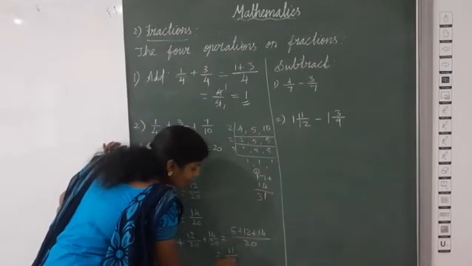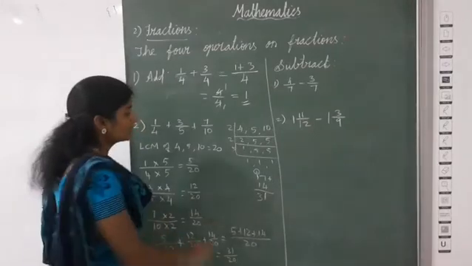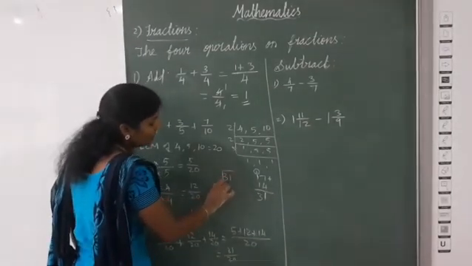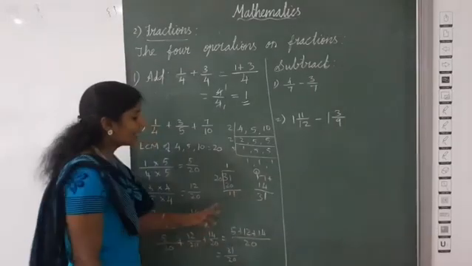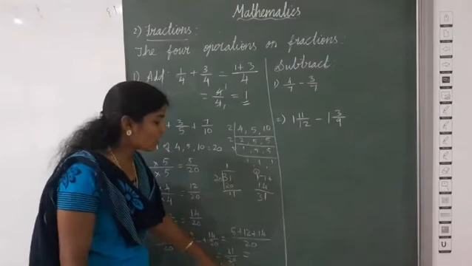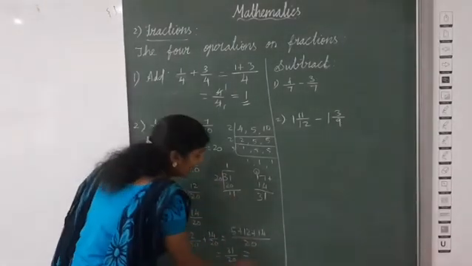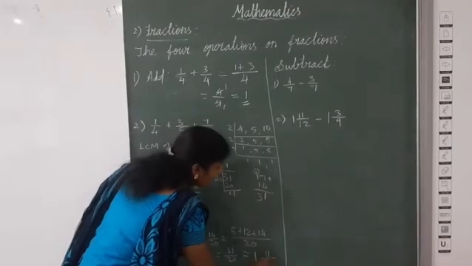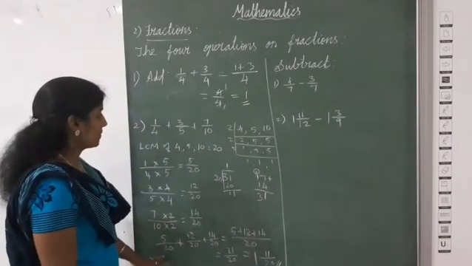So 31 by 20. This is an improper fraction. We can divide 31 by 20: 1 time 20, 11 remainder. Now we can write it as a mixed fraction. Otherwise this is also correct; we can stop here also. Otherwise we convert into a mixed fraction. Now 1 11 by 20 is the answer.